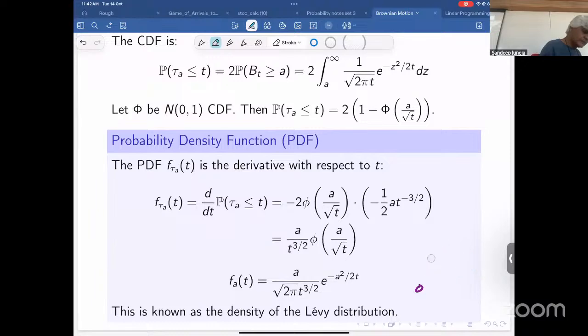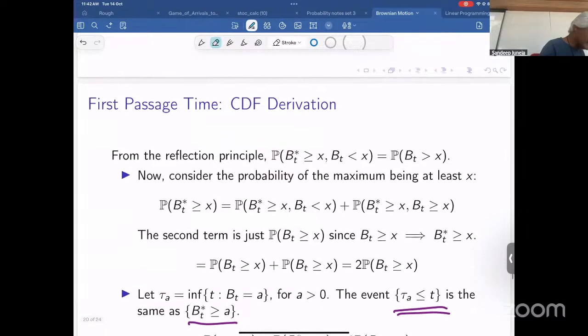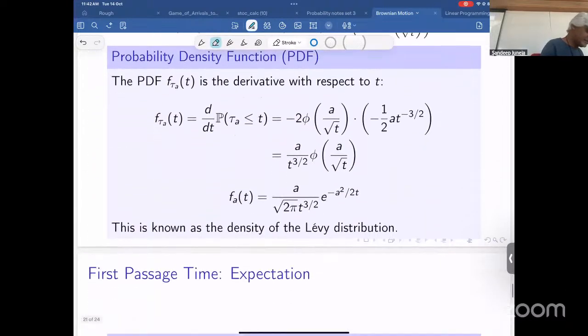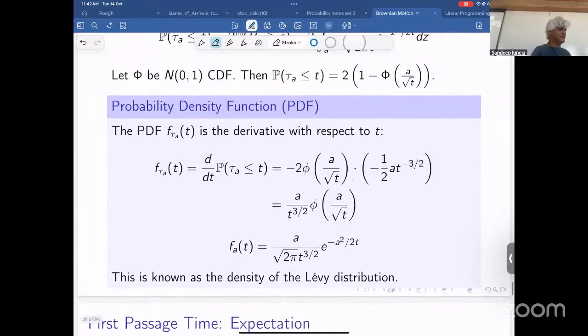The Levy distribution. Where did I mention the word Levy? Oh, okay. I'm reading that. No, I'm confused because we used the Levy-Khinchin theorem. Okay. Reading from here. So Levy distribution, that's right, yeah. It needs A and B. That's what I'm thinking. A is just a parameter, it's time to hit A, right?